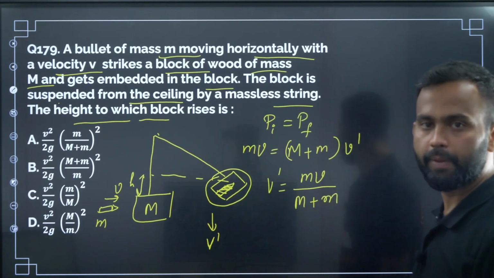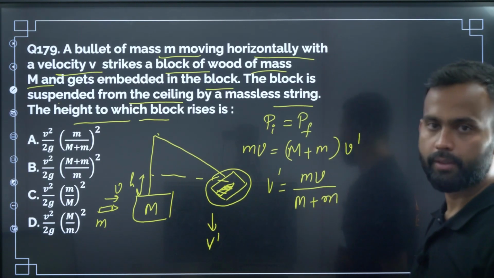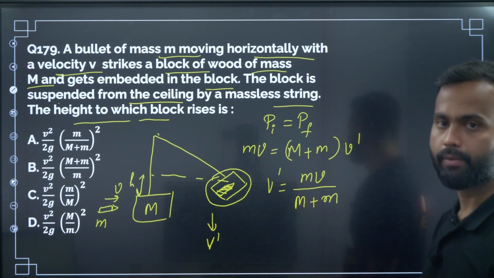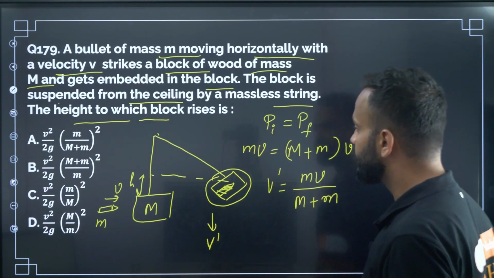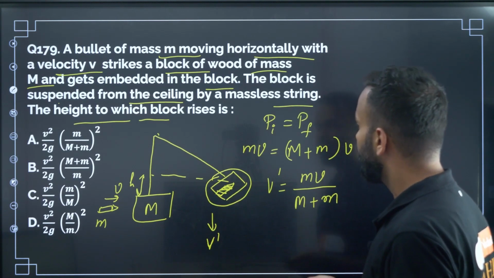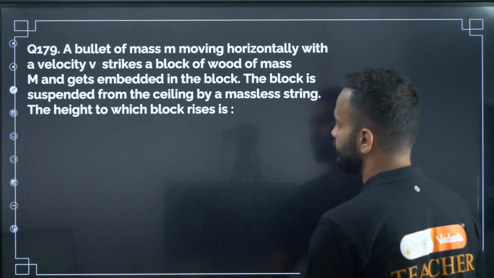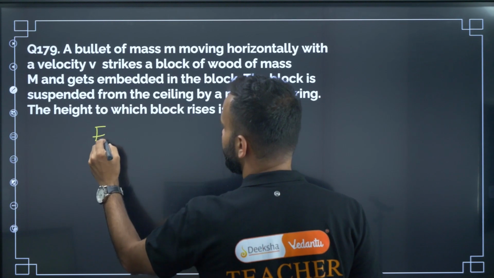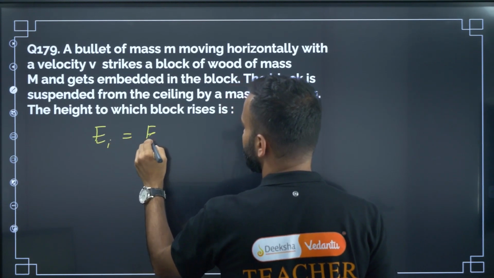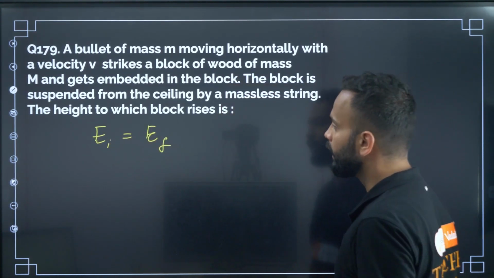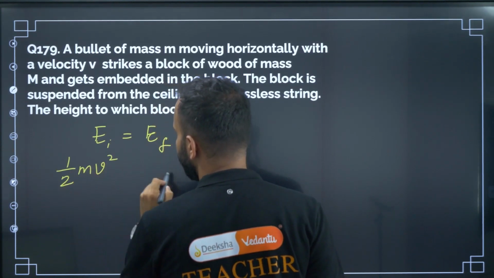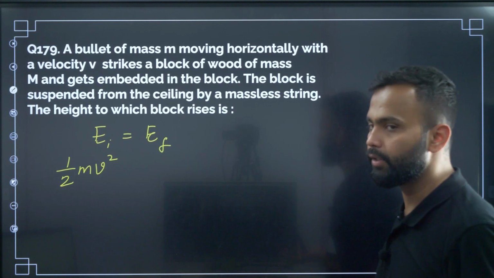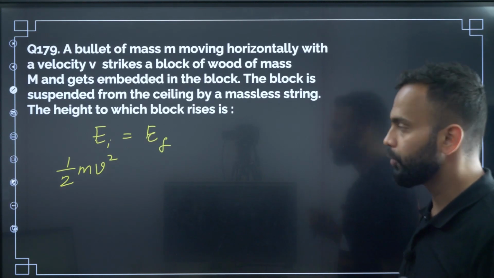Half the part is over. For the next part, we need to conserve the energy to find the value of h. Apply the conservation of energy theorem: initial total energy is equal to final total energy. Initial total energy is the kinetic energy of the bullet only, as the potential energy of the block and the bullet is 0.